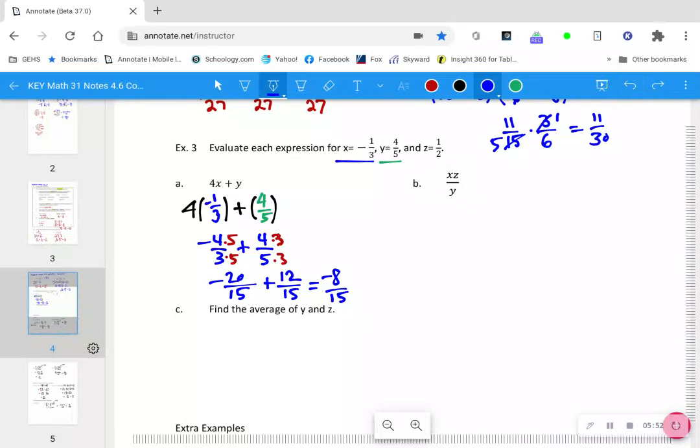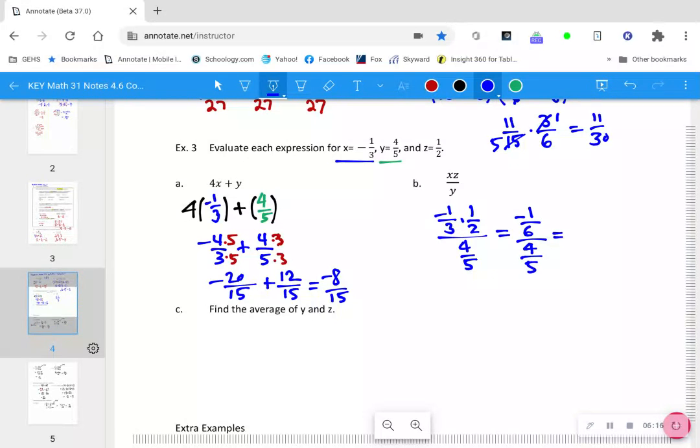Okay, the next one is x times z divided by y. So I'm going to go x times z. X is -1/3. There's an easier way to write it. Times the z, which is 1/2. And that gives, we have to divide that by 4/5, which is the y. The top is -1 over 6 divided by 4/5.